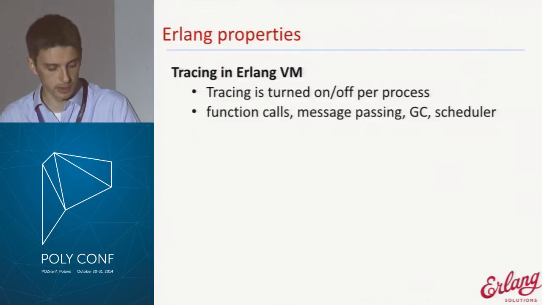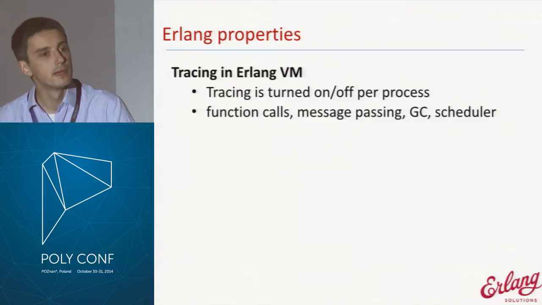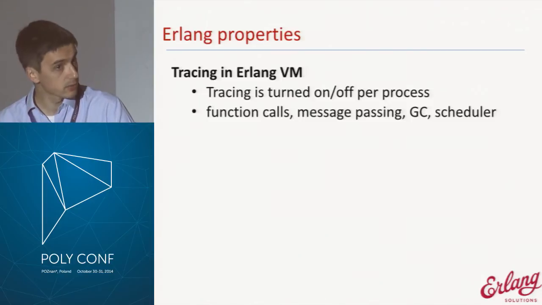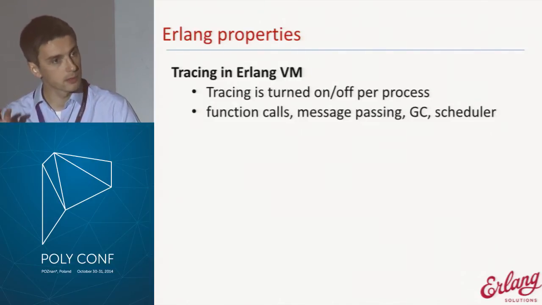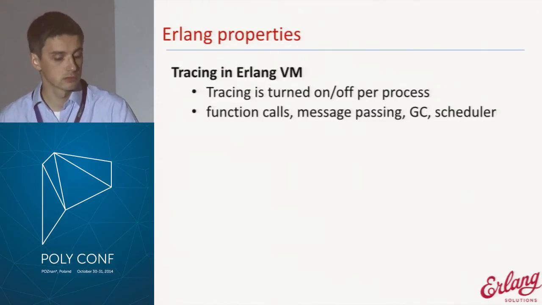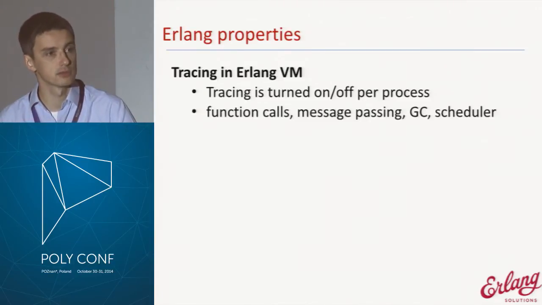Or at least I have not heard about such. This tracing is built into the VM, and it allows you to turn it on and off per process, so it doesn't have to be a heavy operation. Even if you are running a system with hundreds of thousands of users connected, still you can cherry pick one particular user and start tracing his behavior. And you can trace function calls, any function calls, message passing, garbage collector behavior, some other system events like schedulers and such.